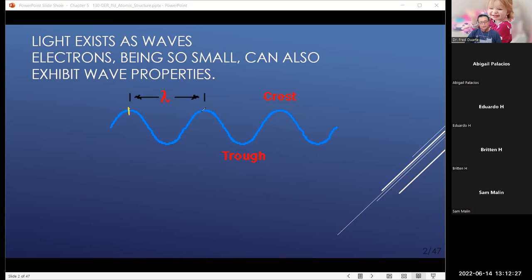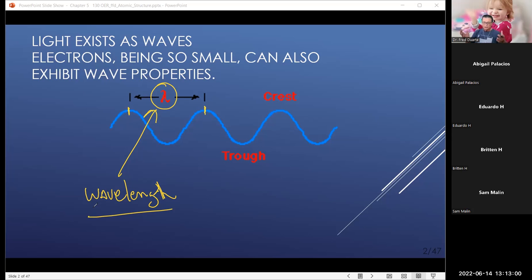And then we got another hill. Well, the next hill at this point right here represents a new wavelength, okay? So the distance of a wavelength is the distance between these 2 points. And we give it a symbol. That symbol is lambda, which is the wavelength of light.